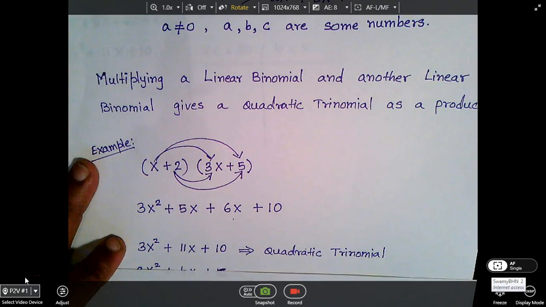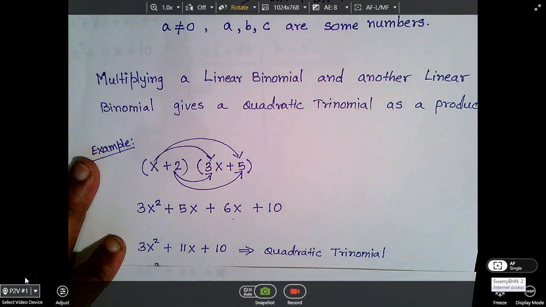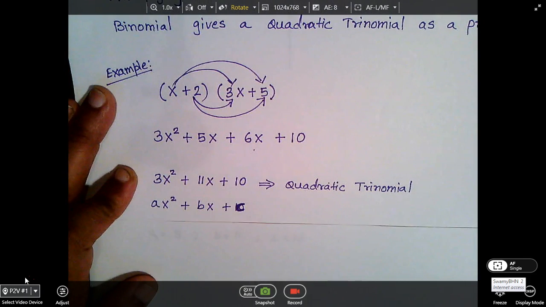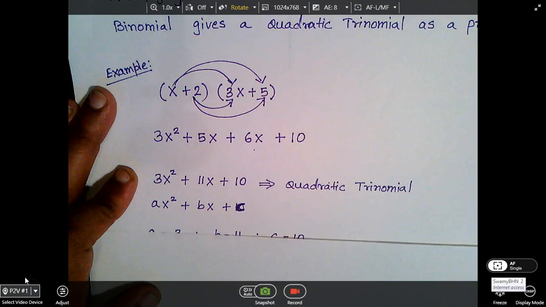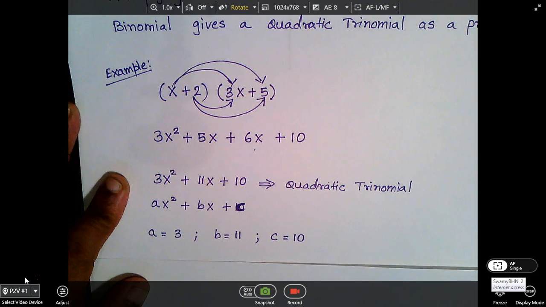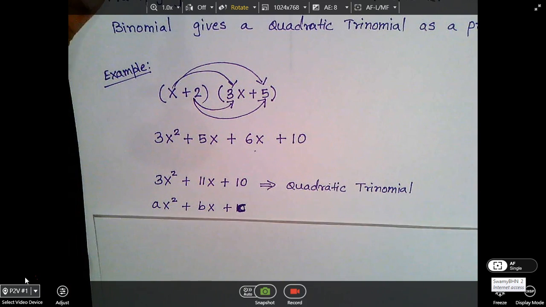So I get to the next step, combining like terms, 3x squared plus 11x plus 10. So I'm seeing that quadratic trinomial, which looks like ax squared plus bx plus c, where a is 3, b is 11, and c is 10. So I have my quadratic trinomial.